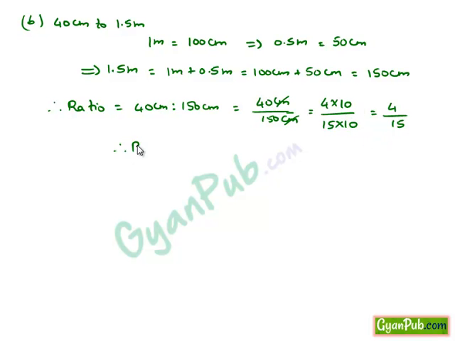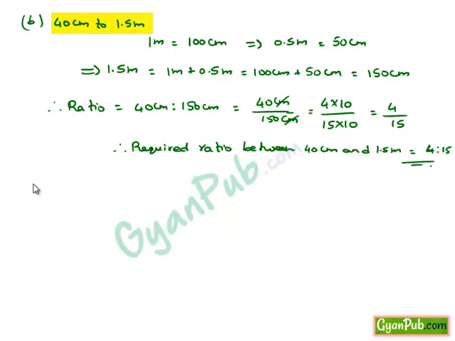Therefore, required ratio between 40 centimeter and 1.5 meter is equal to 4:15.